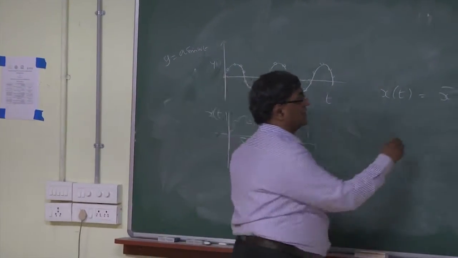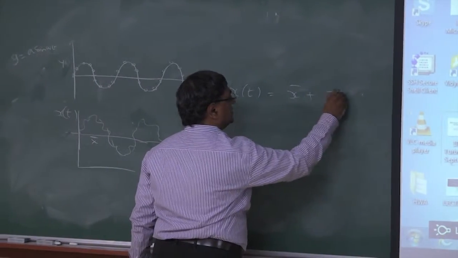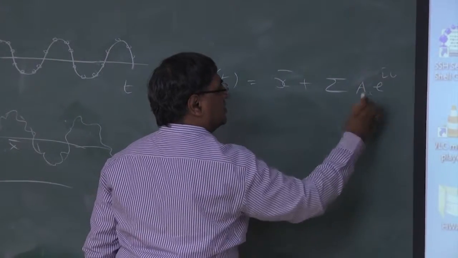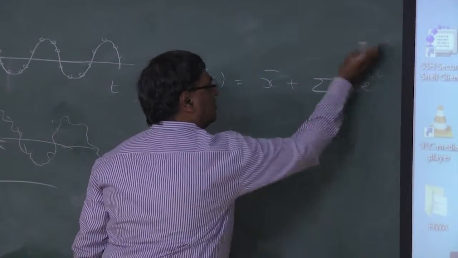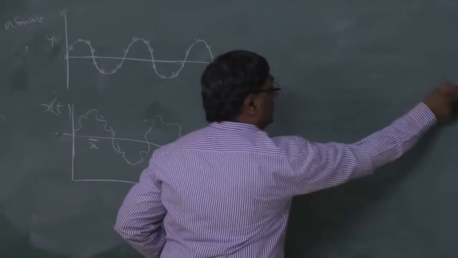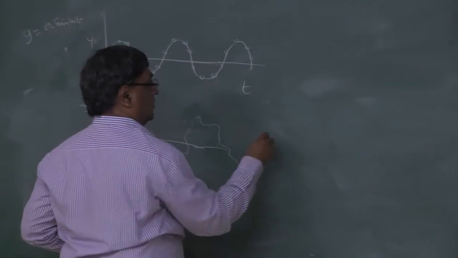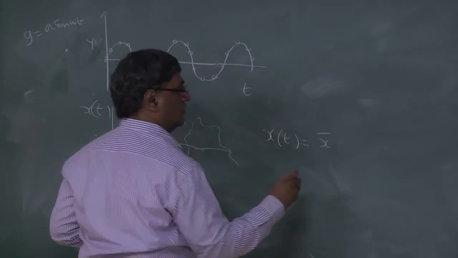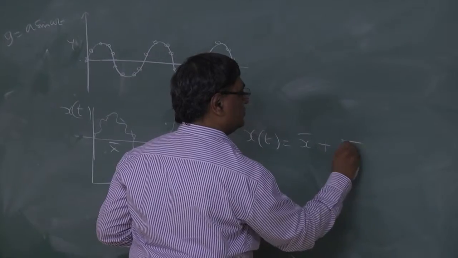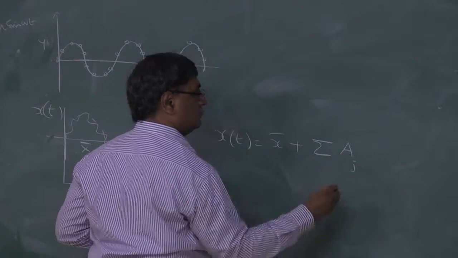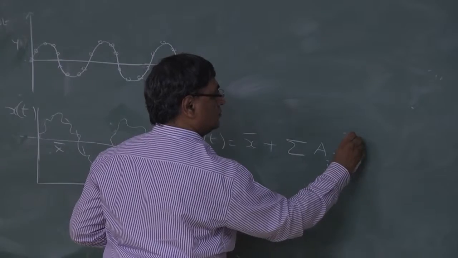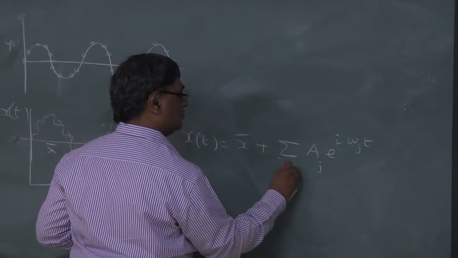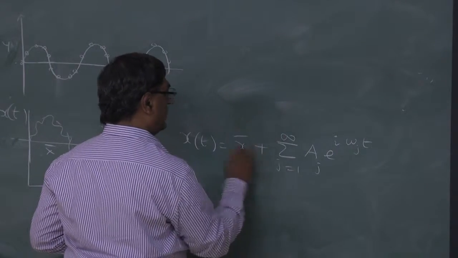The oscillatory part can be expanded in a series like this, a_j e to the power i omega_j t, where j can even go from 1 to infinity.